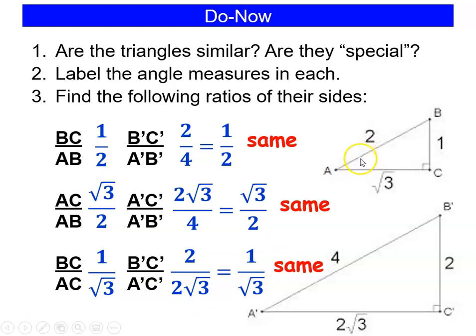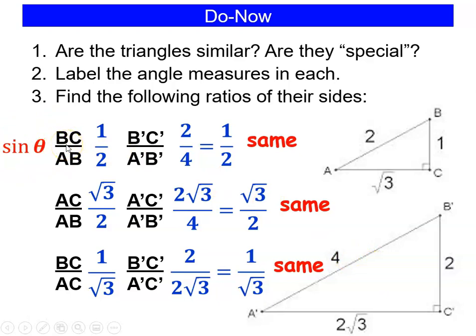So here I'm using angle A, our 30-degree angle. And what you notice in the first two is that BC and AB, from angle A, that's the opposite side divided by the hypotenuse. Here, B prime C prime to A prime B prime is the opposite side to the hypotenuse. We assign that the trig function sine.